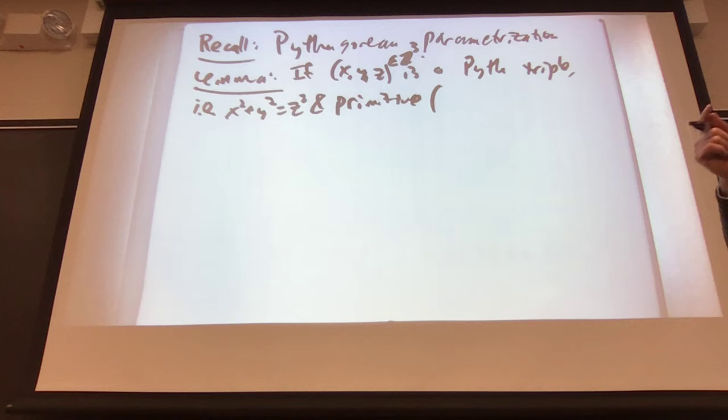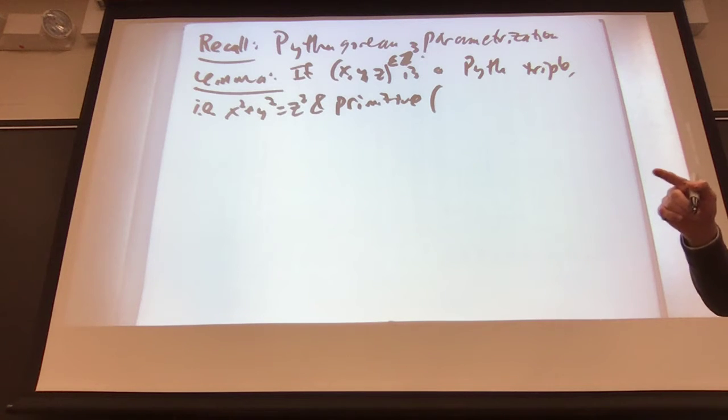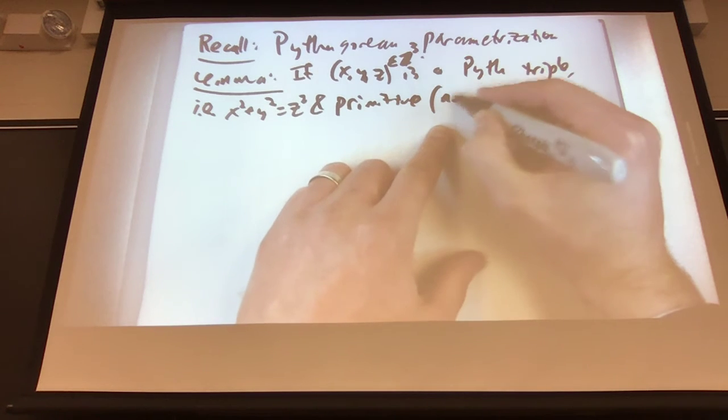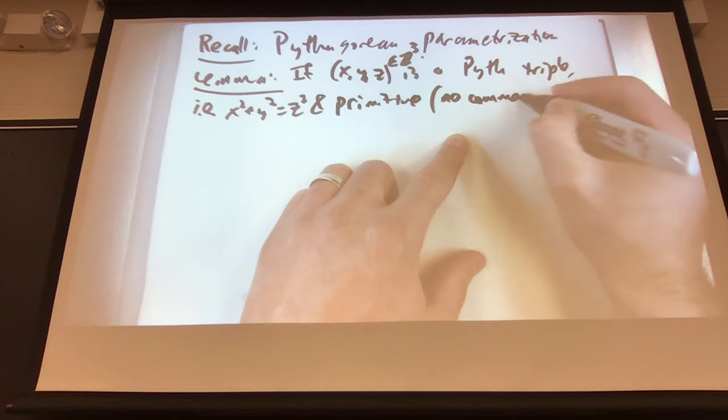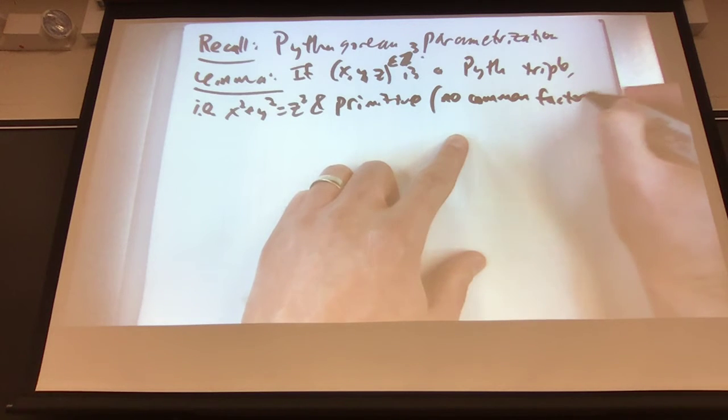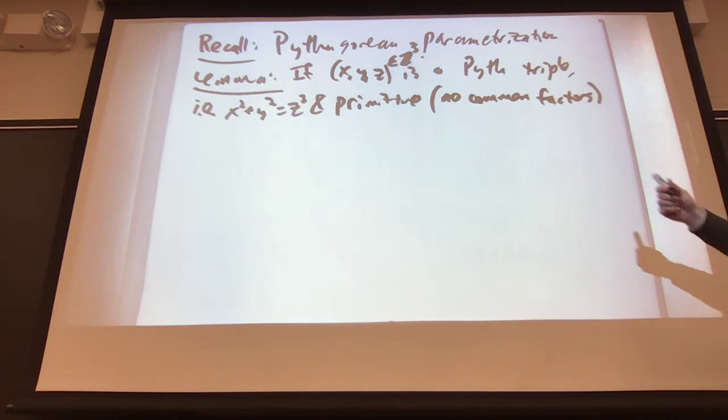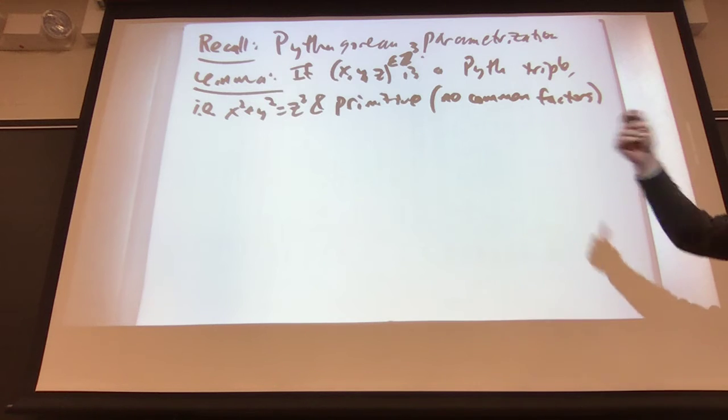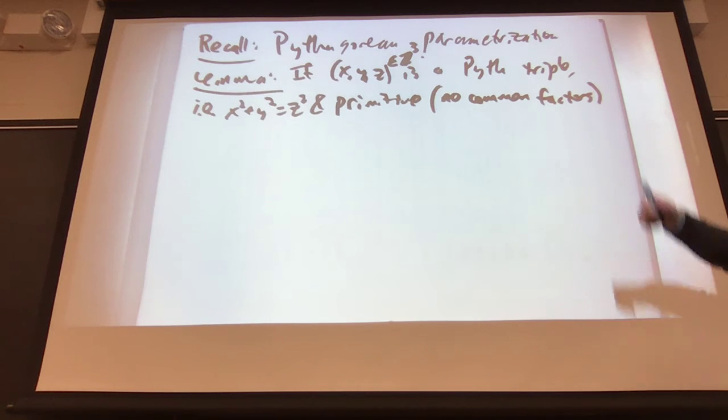It doesn't have any common factors. No common factors. So the 6, 8, 10 Pythagorean triangle is not primitive, but the 3, 4, 5 is.